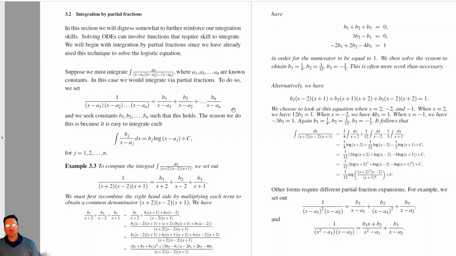Well, when you have multiple of these, you end up having to multiply by, so in the first one, for example, the first summand, we would have to multiply the top and the bottom of that first summand by all of the other denominators. Okay, so we would do that, and then we do that in the second one, multiply by all of the other denominators other than x minus a subscript 2.